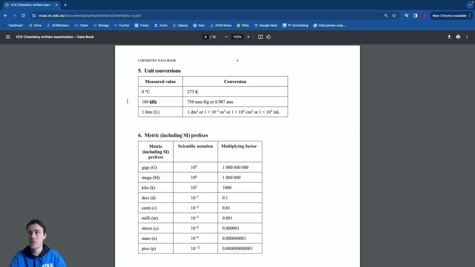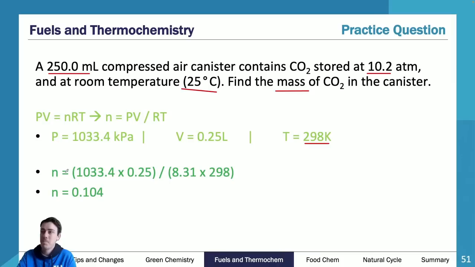My volume needs to be in liters, so it's going to be 0.25 because there are 1,000 mL in a liter, and my Kelvin is plus 273, so 25 plus 273 is 298, as you can see here. Then I go, all right, what have I got here? I've got my equation, so moles equals pressure times volume divided by my constant, 8.31, times my temperature. And I end up with 0.104 moles.